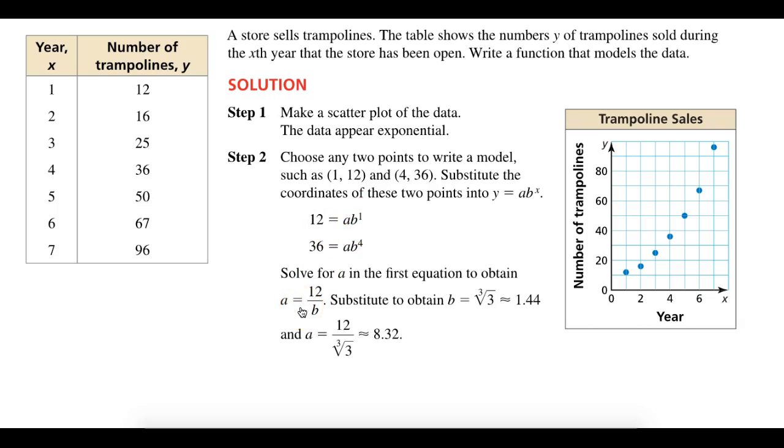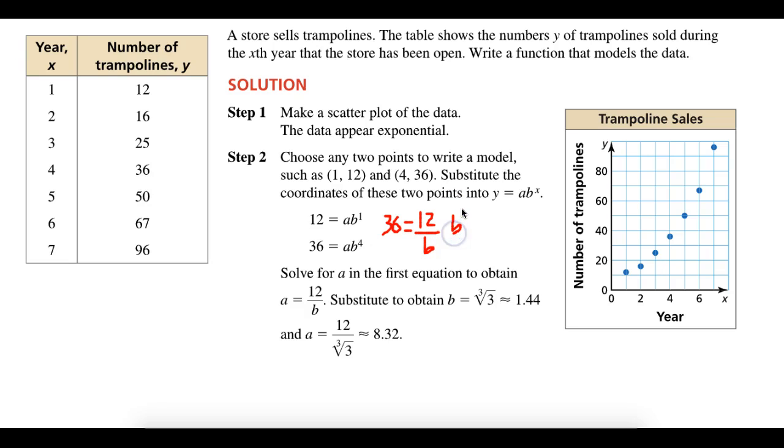Now if we substitute a equals 12 over b into equation 2, we get 36 equals 12 over b times b to the fourth.